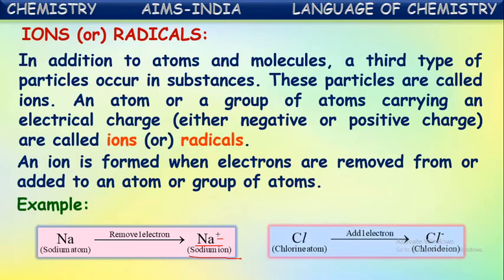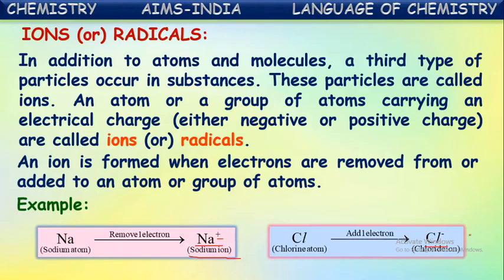One more example, chlorine. We know its configuration is 2, 8, 7. Chlorine is ready to gain one more electron. When it gains one electron, it forms a Cl minus charged particle, because an extra electron is added. This charged particle is called a chloride ion.